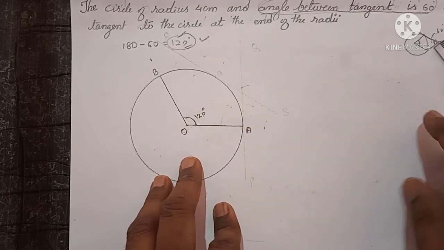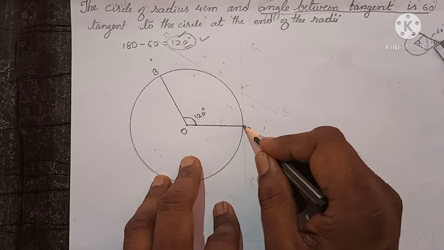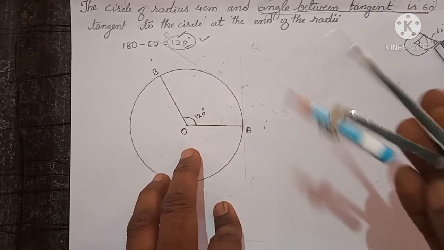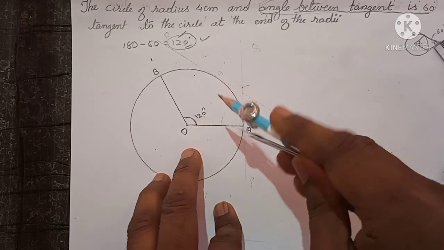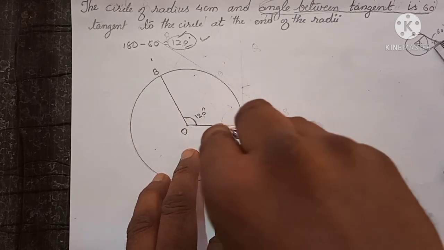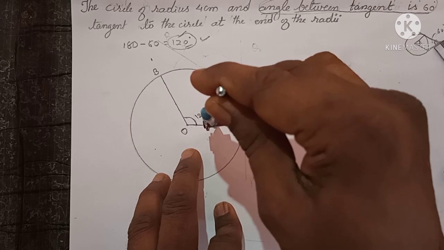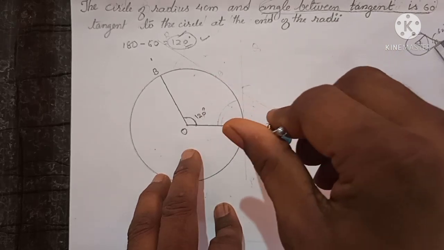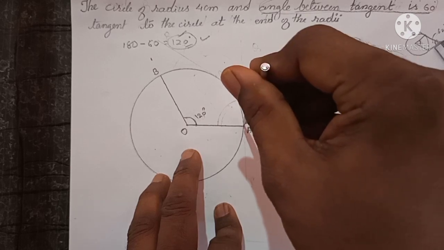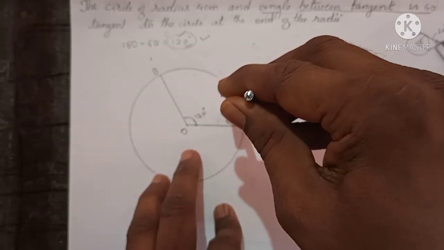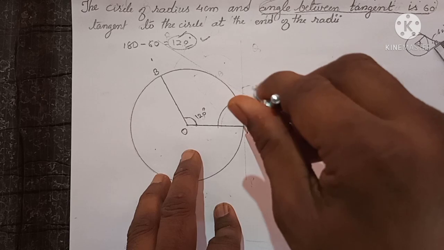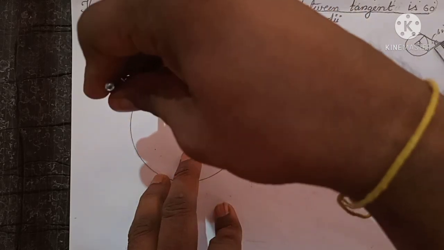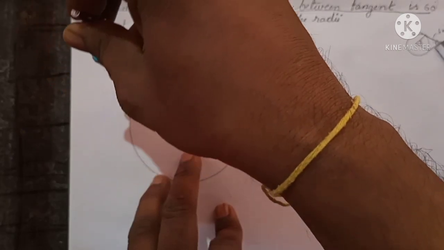The next step: we draw the tangent at the end of these radii. With A as the center and a suitable radius, draw semicircles at the end of both radii, OA as well as OB. Like this you can draw the semicircles.